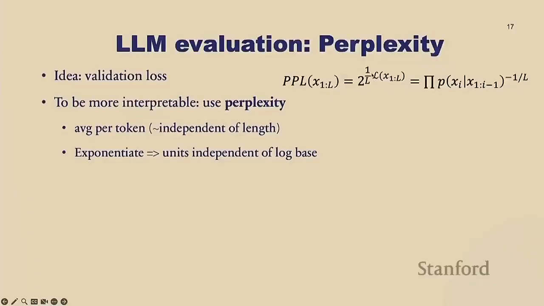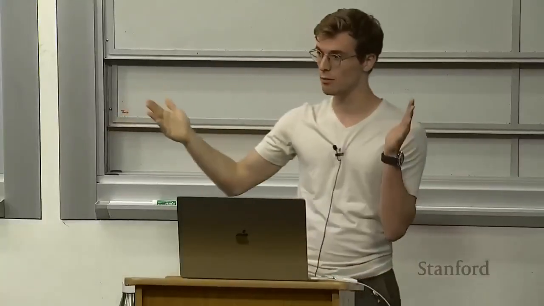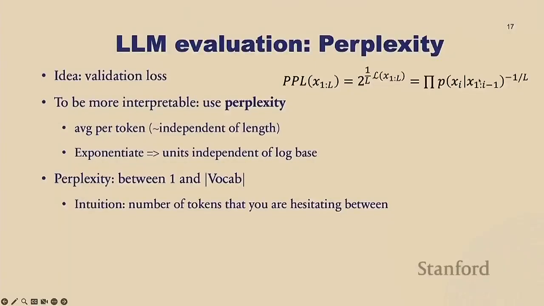The average per token is just so that your perplexity is independent of the length of your sequence. So perplexity is just 2 to the power of the average loss of the sequence. Perplexity is between 1 and the size of the vocabulary of your tokenizer. If you predict everything perfectly, then every word has probability one, so the best perplexity you can have is 1.